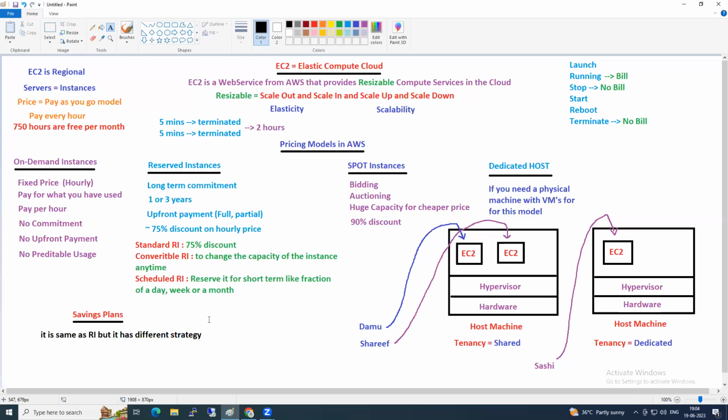In order to understand more on Savings Plans, you need to know a little bit more on the next topics. So when the time comes, I'll talk on Savings Plans and spot. But have you all understood till now? Different models, when to choose what? Okay? Excellent.